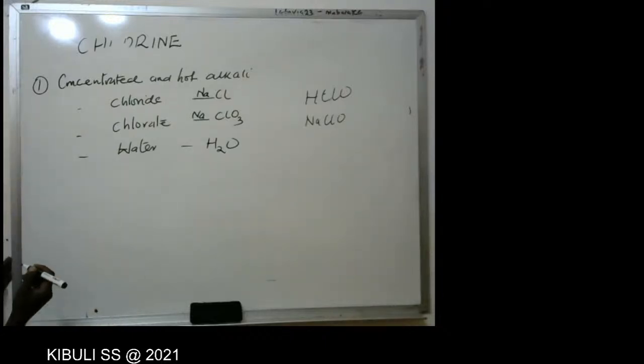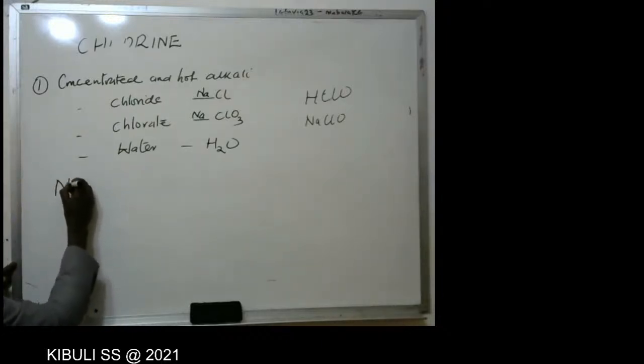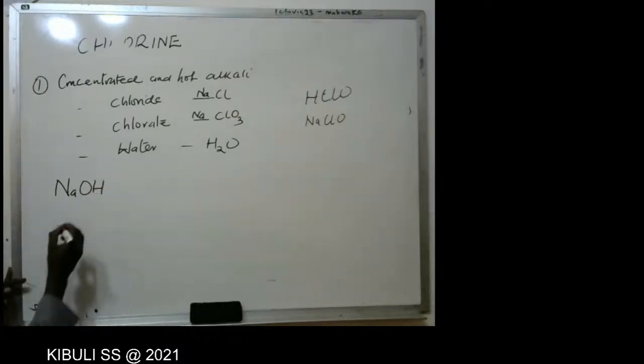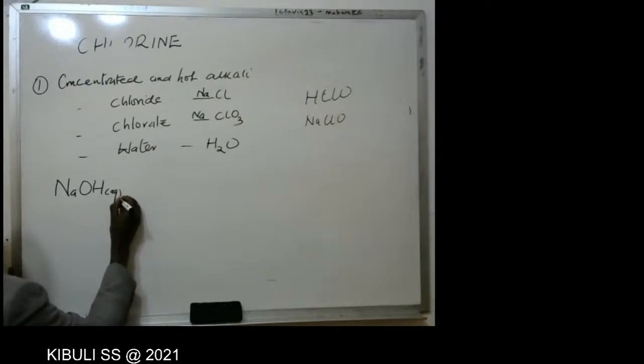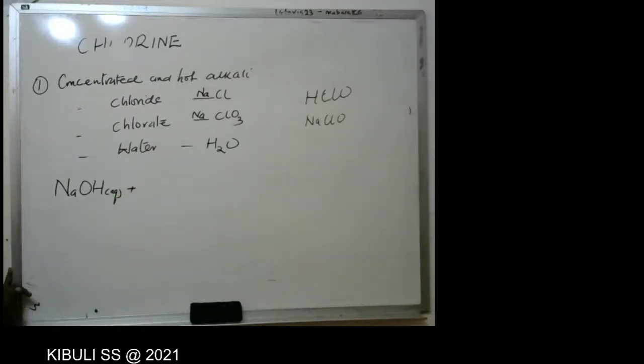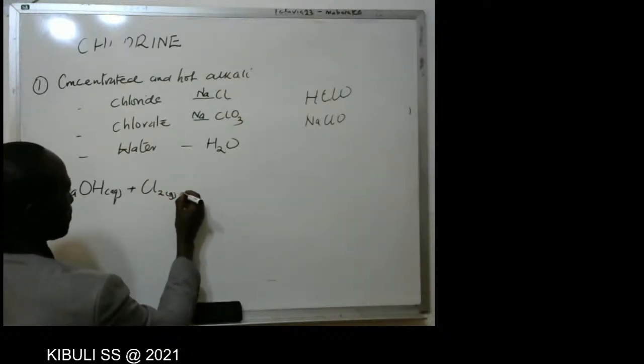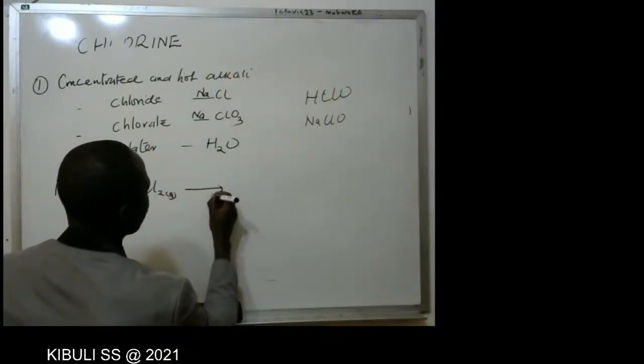Let's use sodium hydroxide again. So sodium hydroxide, this time written like that, is aqueous, plus chlorine again. What does it give us?